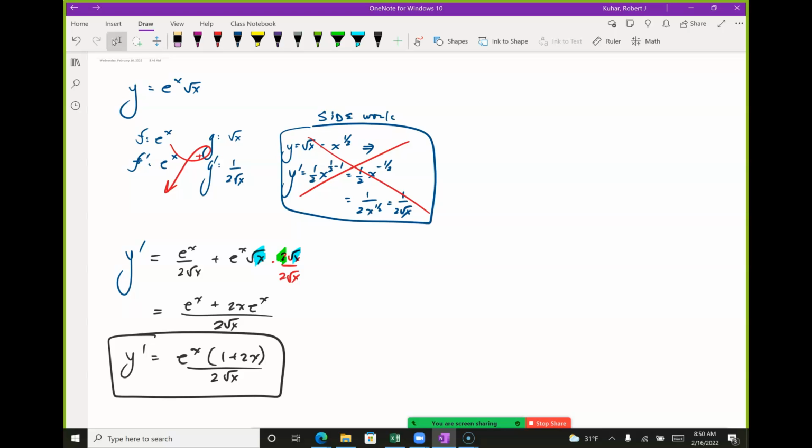For that last step, we took out e to the x. Yes, factor. I always want to factor everything as completely as possible. The reason is we want to find things called critical values of derivatives. A critical value is when the numerator is 0 or the denominator is 0. If the numerator is 0, we get a horizontal tangent line.